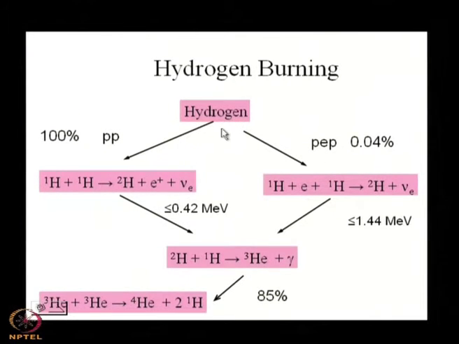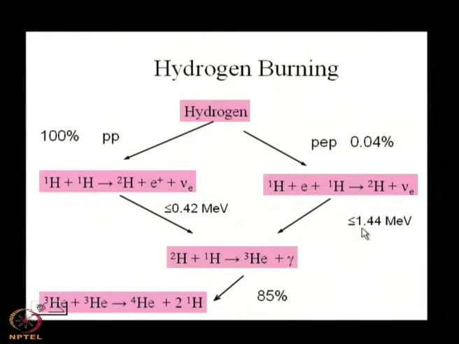So, you can go from here to here either through the PP chain, which involves the collision of two protons, or there is a less likely possibility where you have two protons and an electron. They combine to produce again a deuteron plus just a neutrino. There is no positron here. And there is a neutrino produced in this reaction.